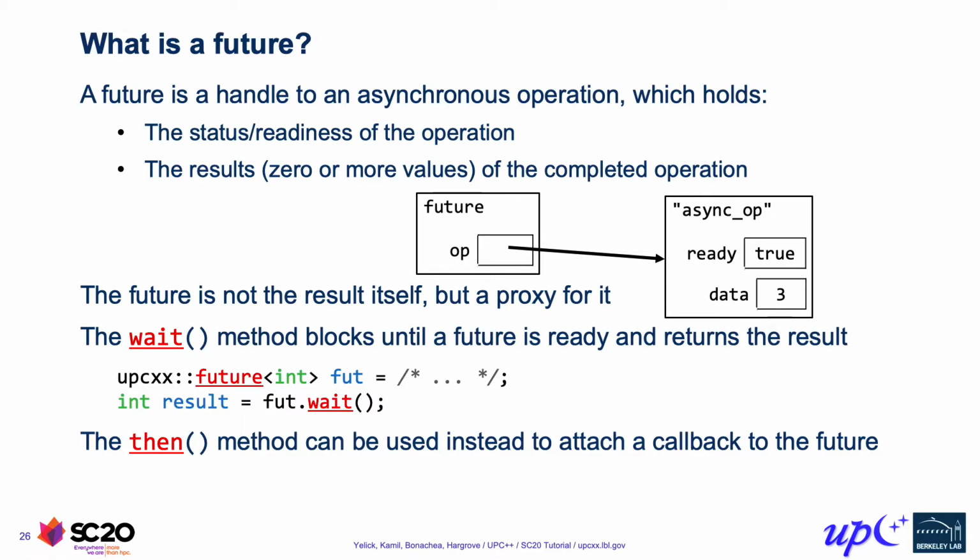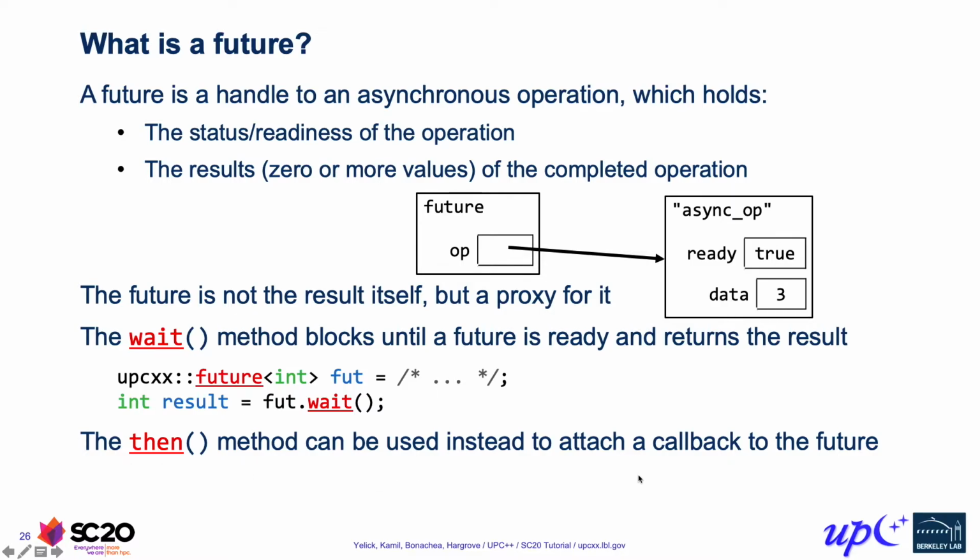Now, wait is just one way of managing dependencies. Okay, so in our particular case, we needed to make sure that our RPC completed before we moved on to the next iteration, and so we used wait to do that. We'll see later that there's also another way of managing dependencies, which is attaching callbacks to the result of an operation. And so there's a then method that allows us to do that.